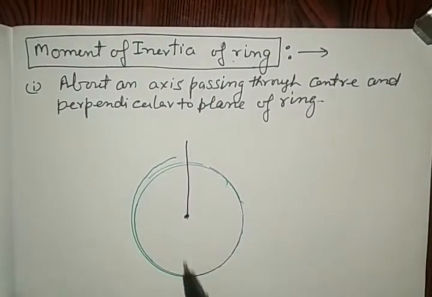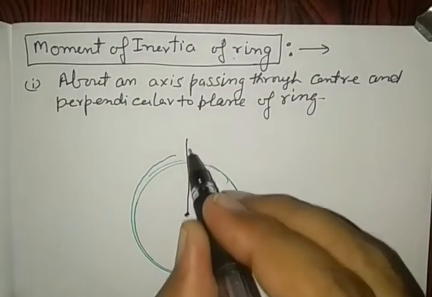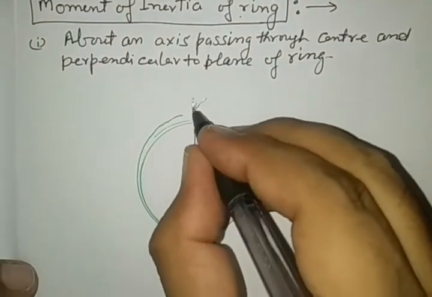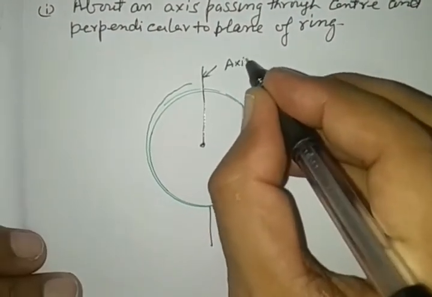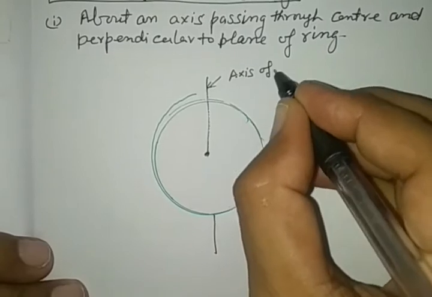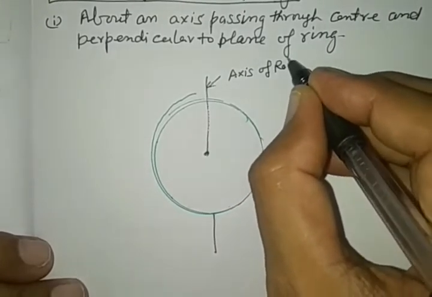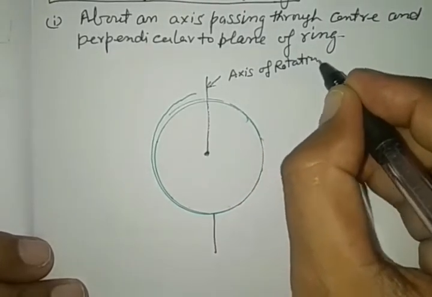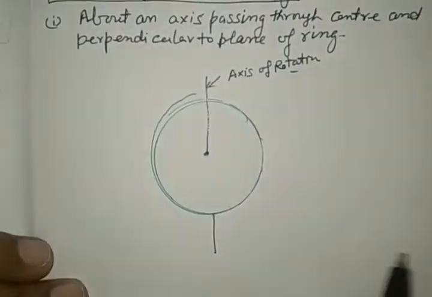See, this is the axis of rotation through which this ring moves.